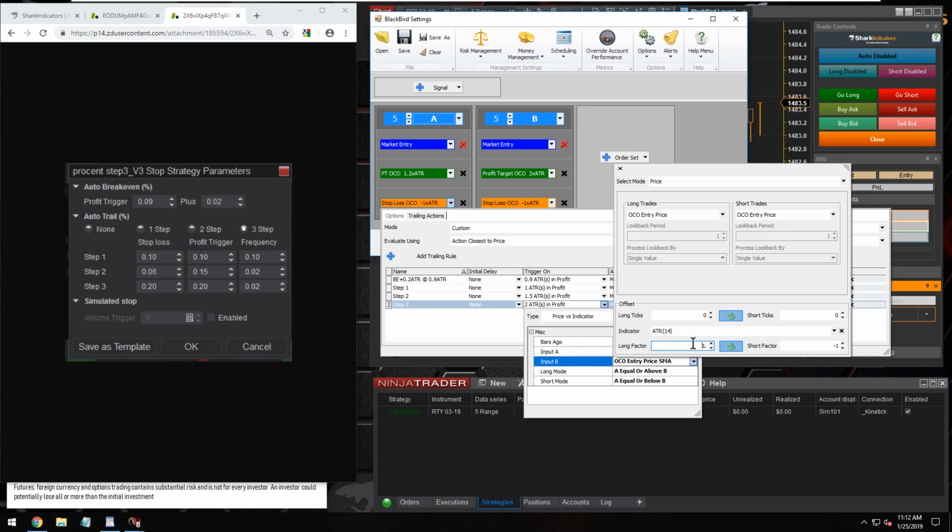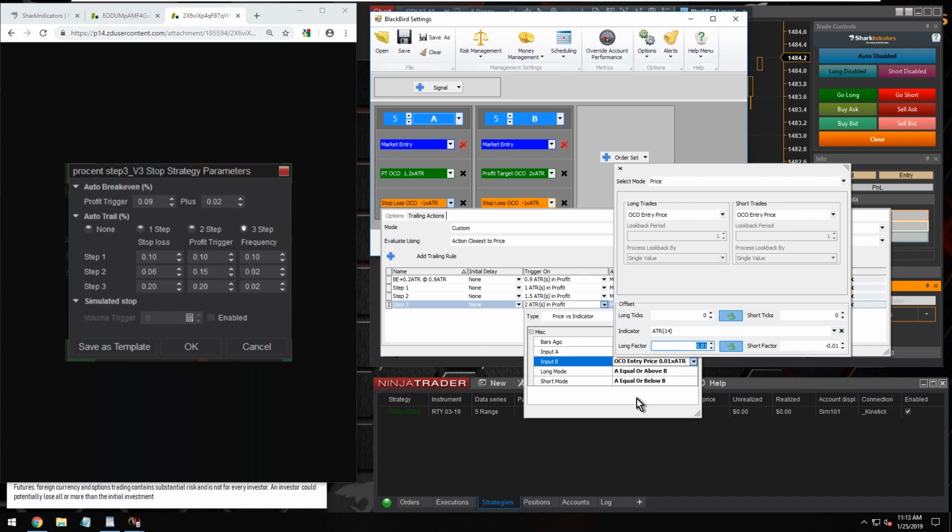Then in the offset factor, you would do something like 0.01. You just have to keep in mind what decimal places to use. So that's how you do it. Put your percentage indicator in the indicator section, and then you can apply a factor to it, or a multiplier.